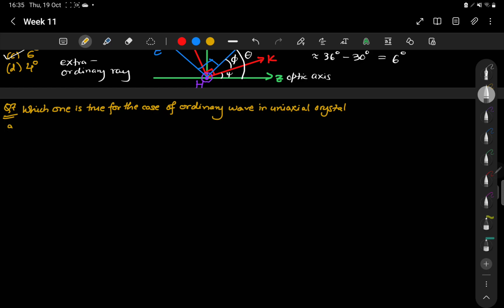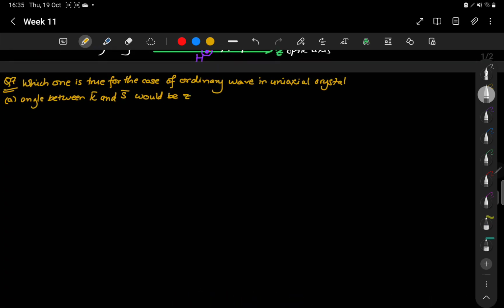And the options are: A, angle between K and S would be 0. Option B, K and S make the same angle from the optic axis.